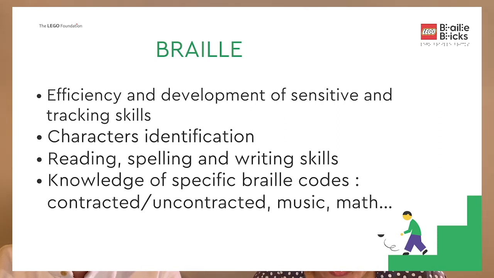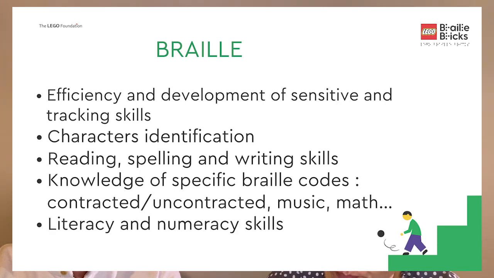It can be also interesting for them to have a knowledge of some specific Braille codes like contracted and uncontracted, music, math. We will know how to use the bricks for music and math, and we hope that we will also be able to make groups and discussion to work on advanced math, for example, and also things about literacy and numeracy skills.